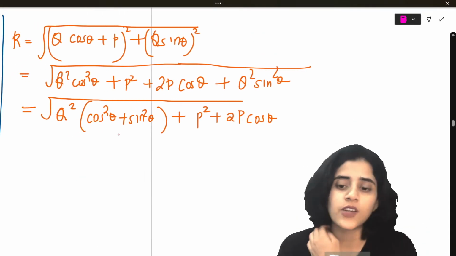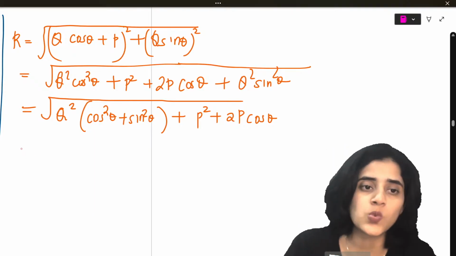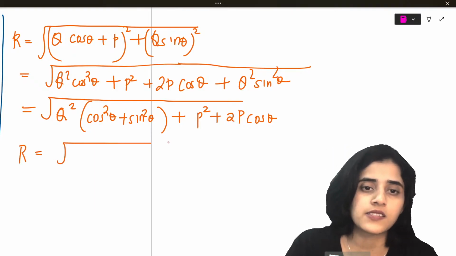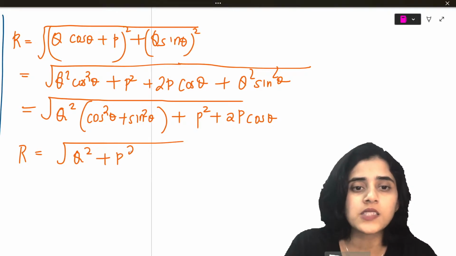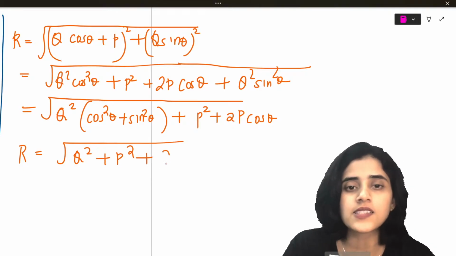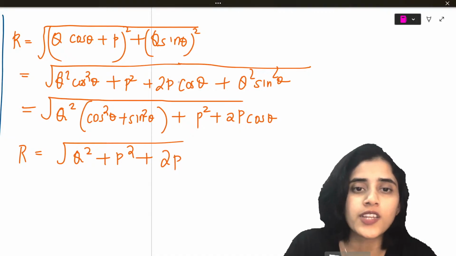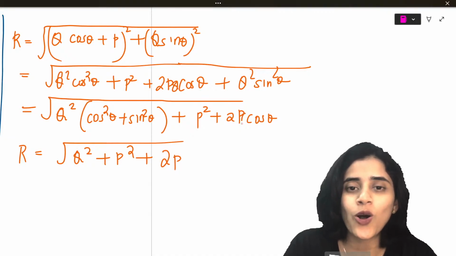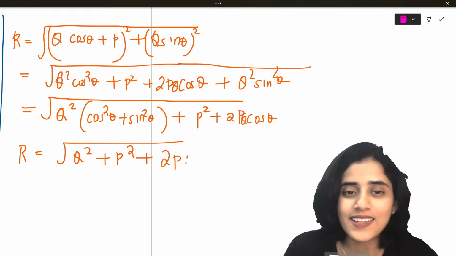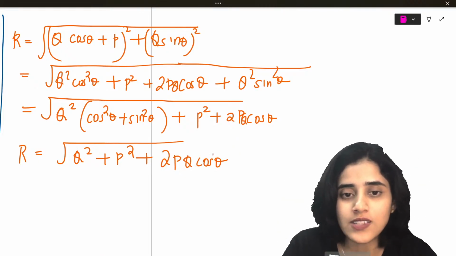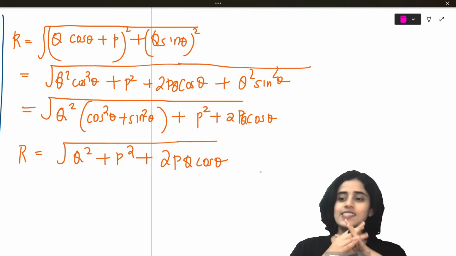Cos square theta plus sin square theta is 1. So the square root of Q square plus P square plus 2P. Oh my god, here there was a Q. All those who noticed this, brilliant job. 2PQ cos theta. So this is the resultant.